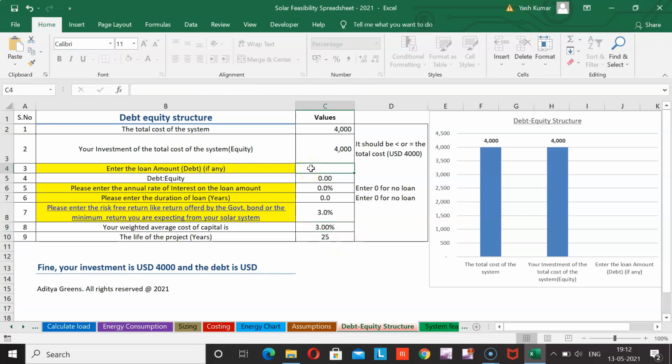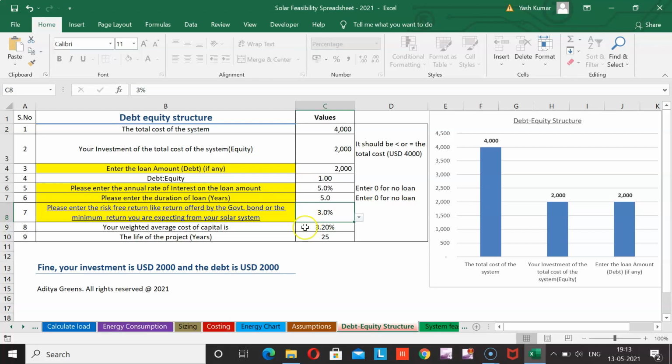Okay, now let us understand from another point of view. For example, I have borrowed $2,000 from a lender. In that case, my own investment would be $2,000 and the borrowed amount would be $2,000. Total cost of system would be $4,000. Now this borrowed amount of $2,000 I have taken at a 5% per annum rate of interest, and the duration of the loan is 5 years.